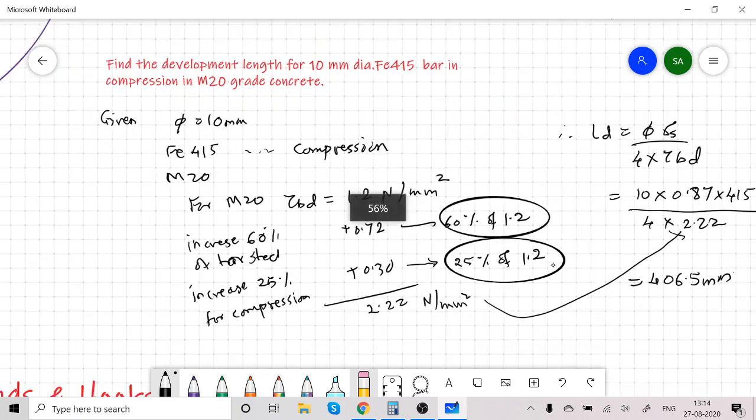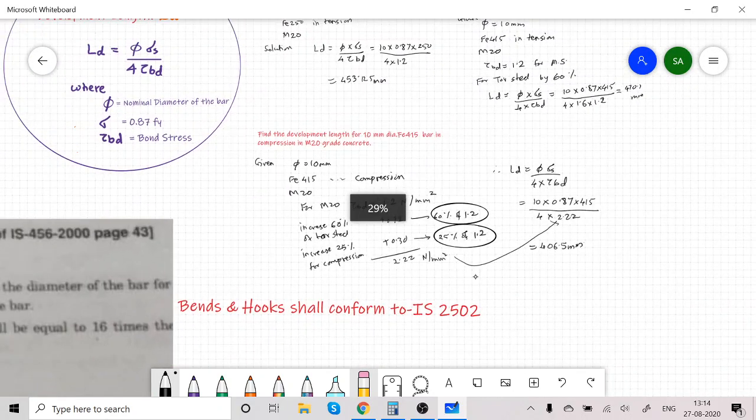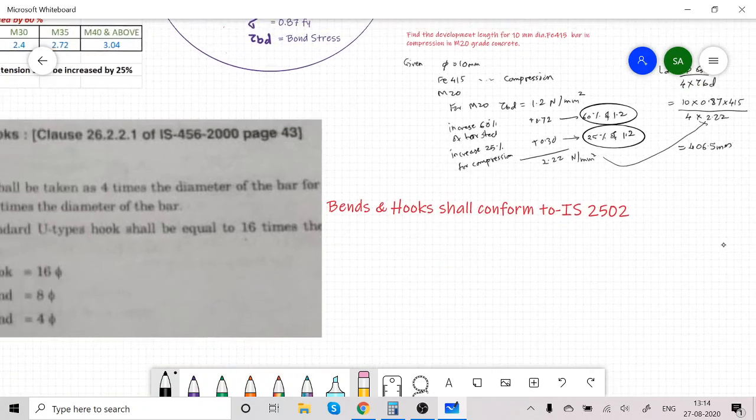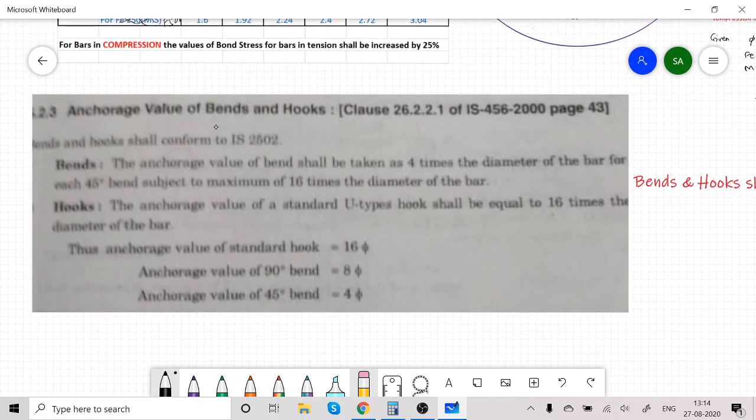Now this completes the small chapter on bond. Further, here we will see the anchorage value of bends and hooks. This is given in clause 26.2.2.1 of IS 456.